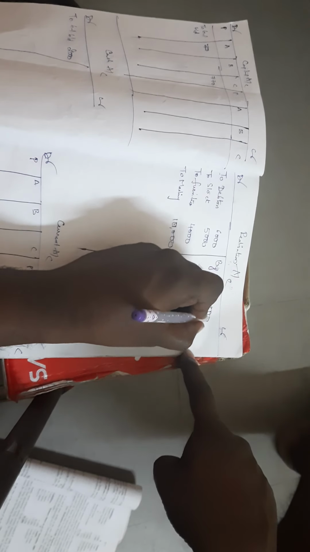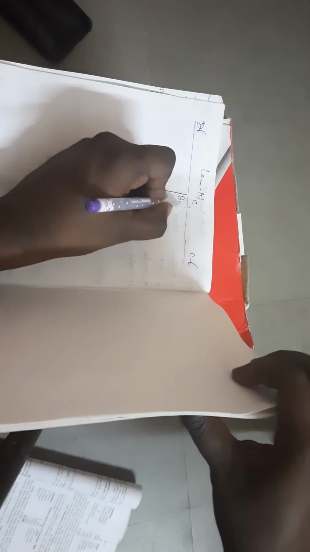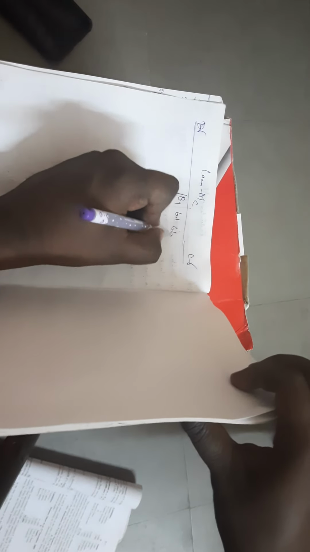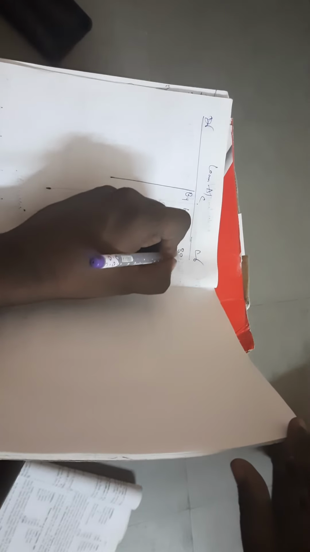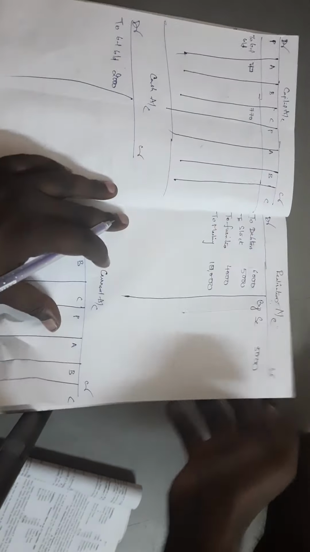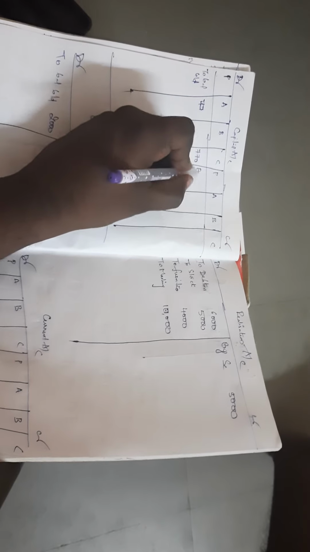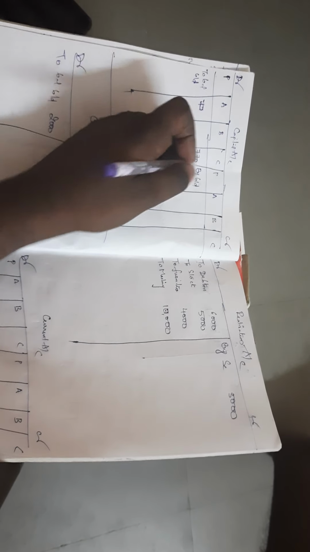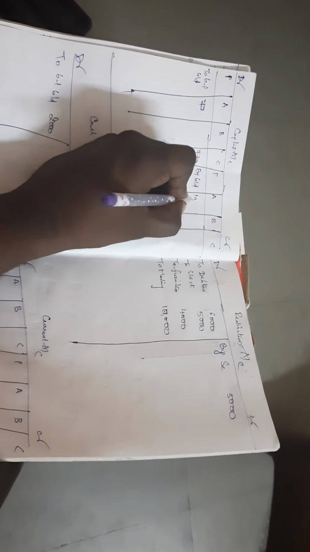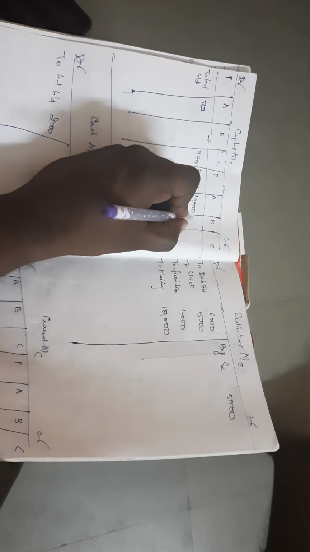In the loan account, by balance brought down, it is 3,900. Again in the capital account, by balance brought down, A is 10,000, B is 5,000.